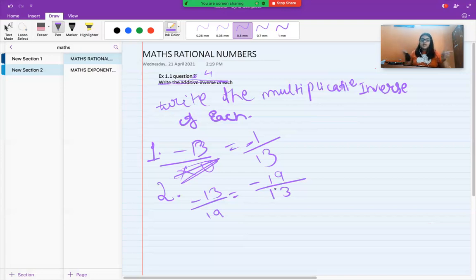But I have told you that when we just take minus 1 in these, this was another method, and in the multiplicative inverse we have taken the reciprocal and only the numbers have changed. As in reciprocal, let's take the example of minus 2 by 3, which will be equal to minus 3 by 2. So minus will be there, but numbers will be changed. Easy, simple, right?